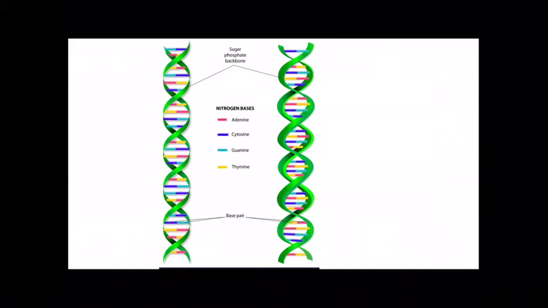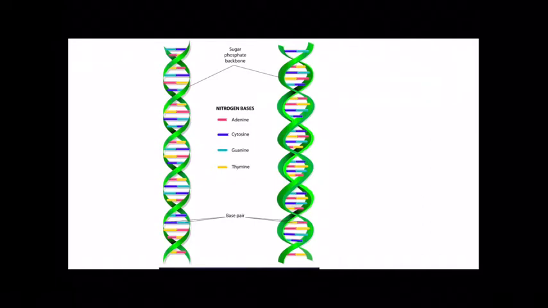So different DNA molecules contain different genes. What we're looking at here on this slide is the double helix structure that Rosalind Franklin proposed was the structure of DNA.